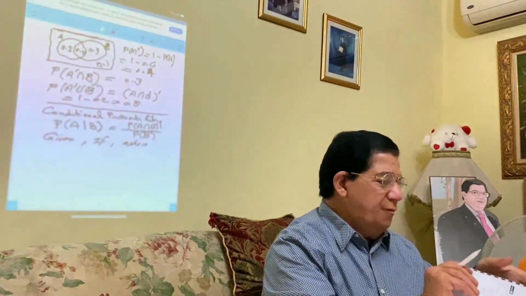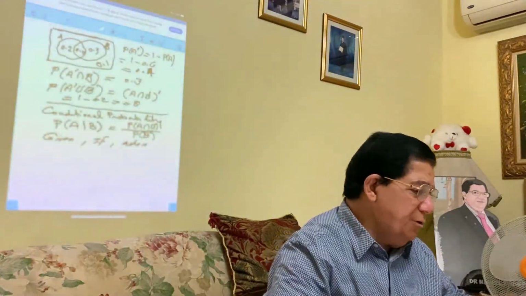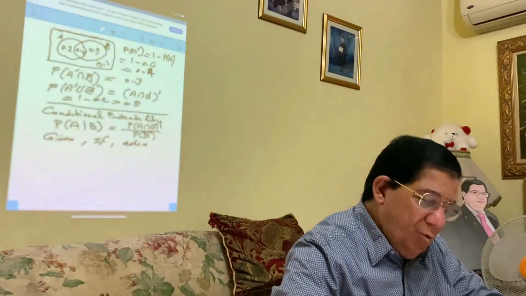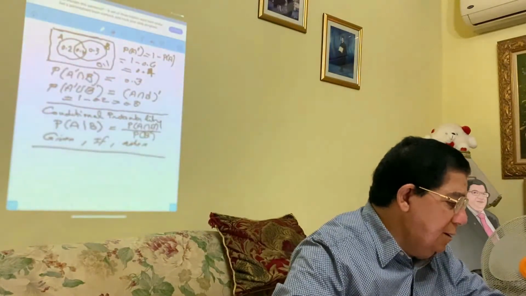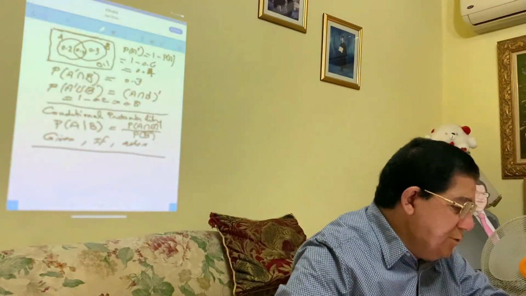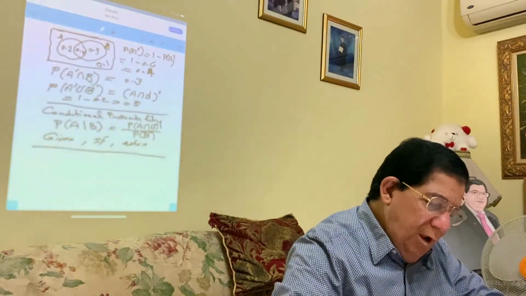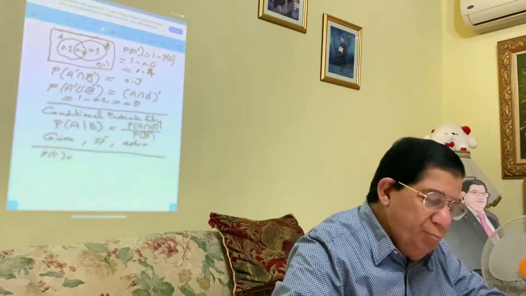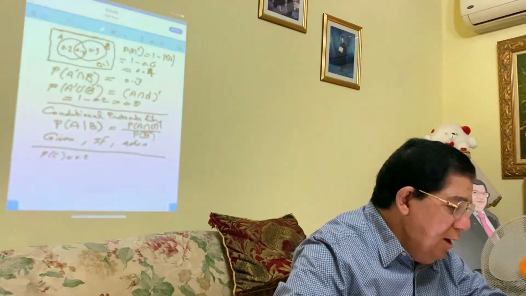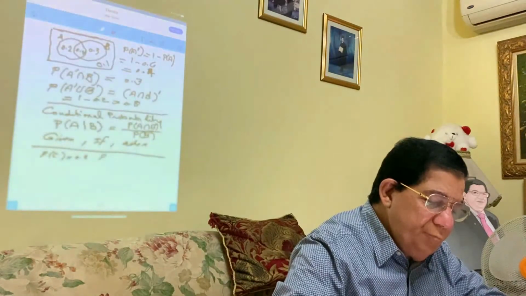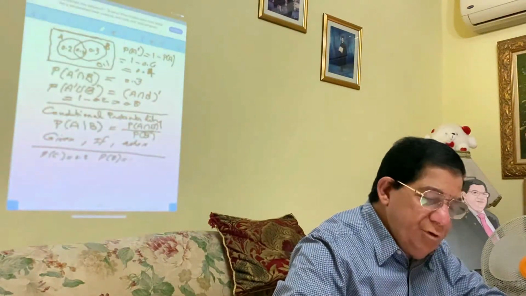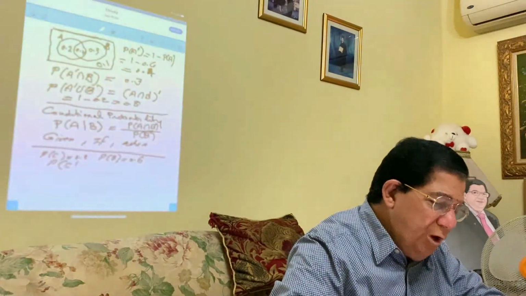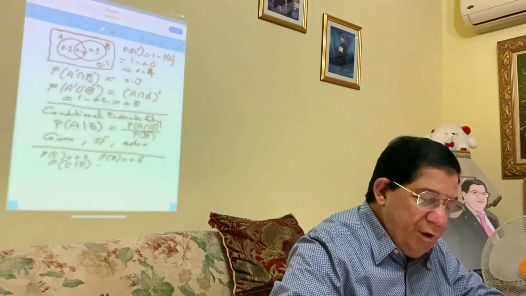Right. Now, we can have a question about this. We take example 8. It says the following. The probability of C is 0.2. The probability of D is 0.6. And the probability of C conditional D is 0.3.